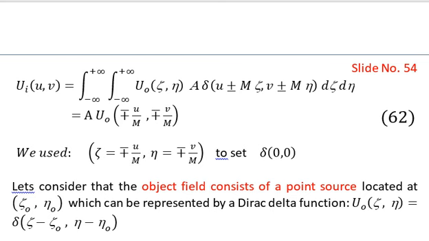We have used these values of zeta and eta as we just read in equation number 52 to obtain that the image plane field will be equal to a times the object plane field at the coordinates minus plus u over m comma minus plus v over m.